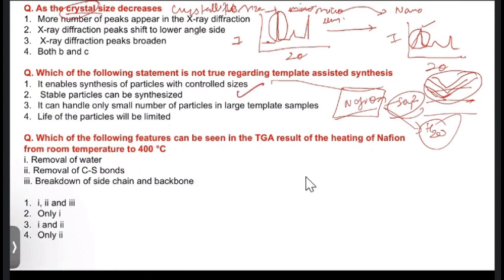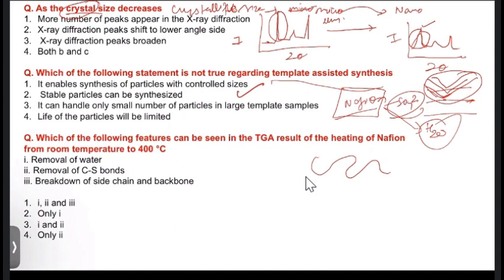Yes, it enables control of size. The way the Nafion polymer sits through the substrate. Okay. Stable particle, obviously this is a synthesis method, so we will synthesize stable particles.